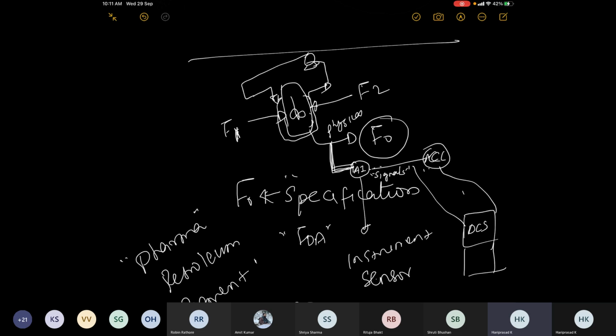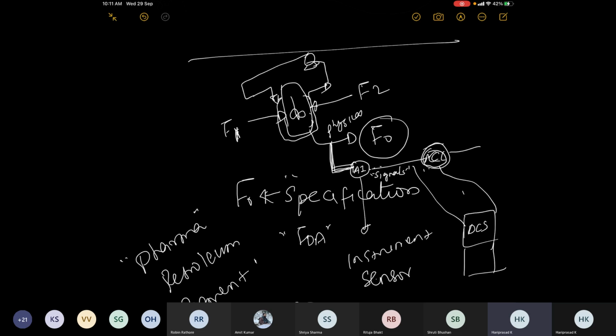If it is an electrical transducer, it could be that, or it may be a pneumatic signal if the sensor is the other way around. And of course, this signal is going to your controller, and the controller would do various manipulations and produce the output of the controller.